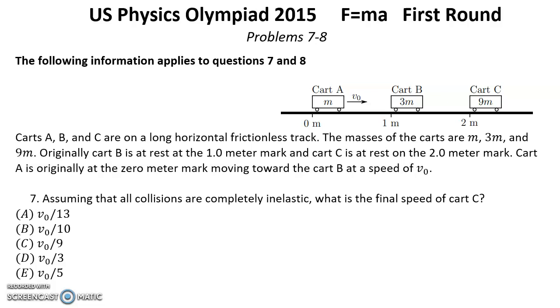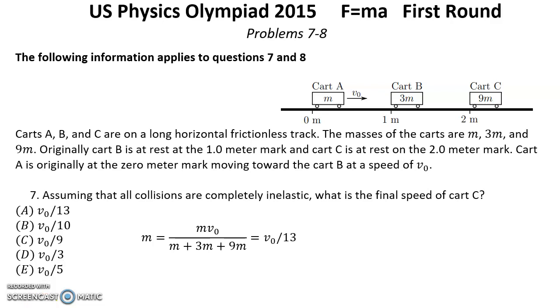And this velocity we can find from this formula. The velocity of the third cart will be the total momentum mv0 divided by the total mass, which is 13m. And the answer is v0 over 13, which is A.